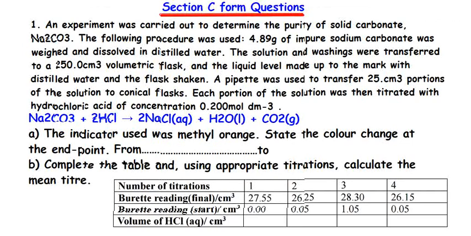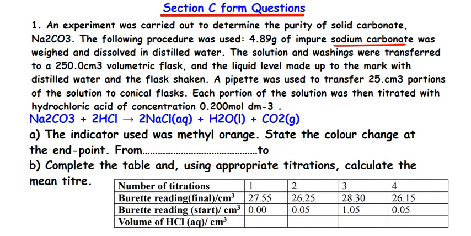Stoichiometry based questions. Alright, an experiment was carried out to determine the purity of solid carbonate, sodium carbonate of course. The following procedure was used. 4.89 grams of impure sodium carbonate was weighed and it was dissolved in distilled water.